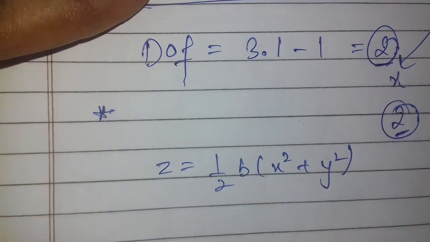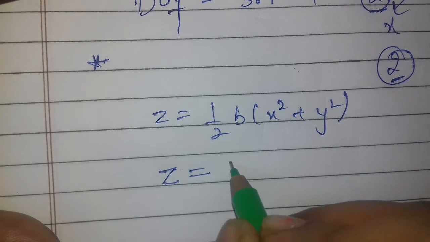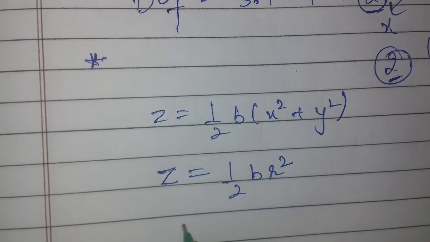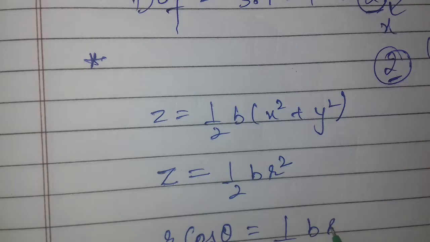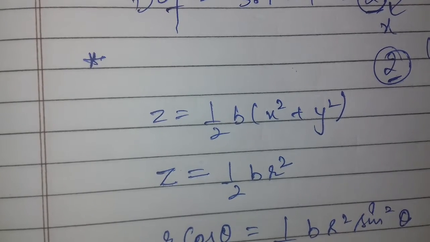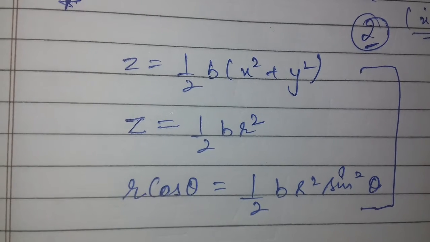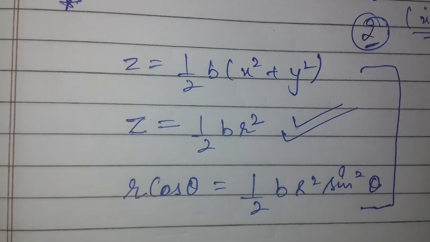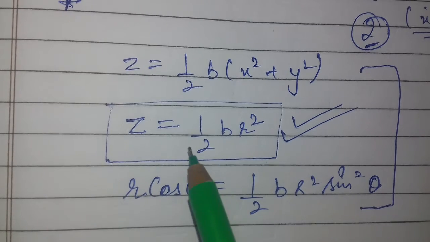In cylindrical, it will be z equals half b r square, and in spherical polar, it will be r cos theta equals half b r square sin square theta. From here, by looking only, you can decide. Nobody is going to tell you, but you have to develop your intuition by yourself, to see which is the simplest looking. Cylindrical is looking simplest, so I think going with cylindrical will be beneficial for you. So select the cylindrical system for this.